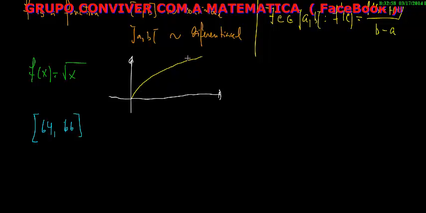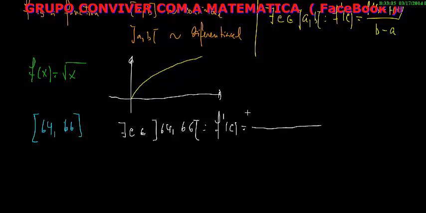So I can say that there is a C, which belongs to the open interval 64, 66, for which the derivative at C equals f of 66, square root of 66, minus square root of 64 over 66 minus 64.